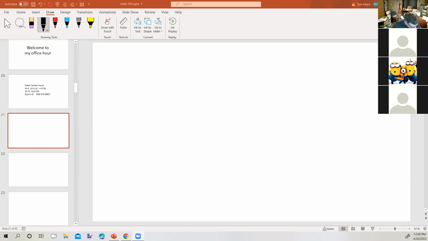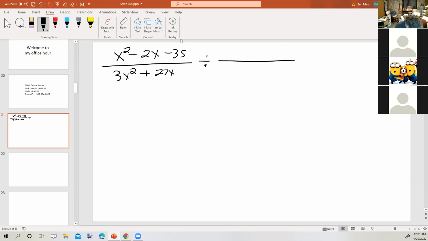All right. Here, let's take this problem. x squared minus 2x minus 35 over 3x squared plus 27x, divided by 3x squared plus 17x plus 10 over 18x squared plus 12x.